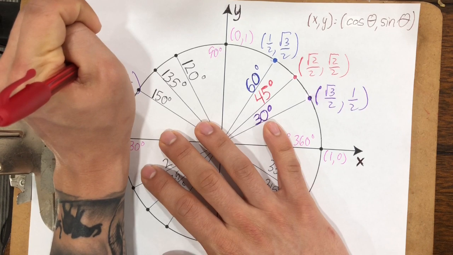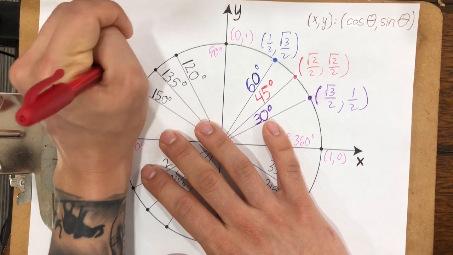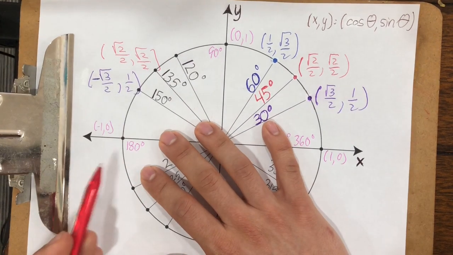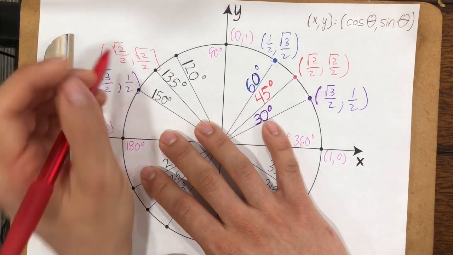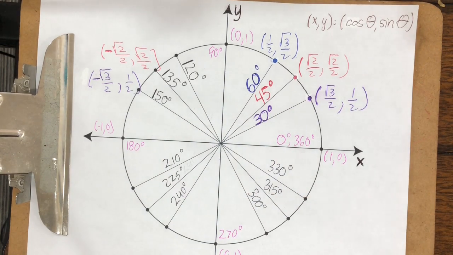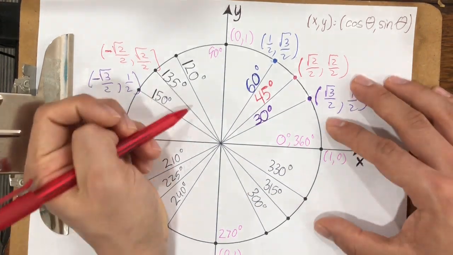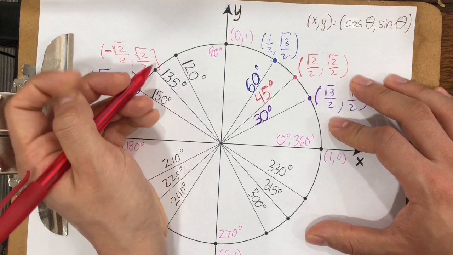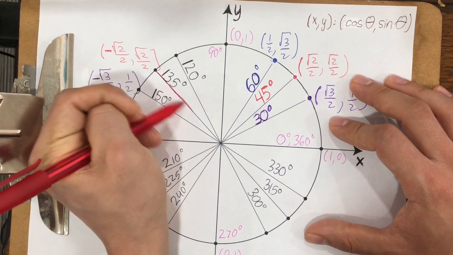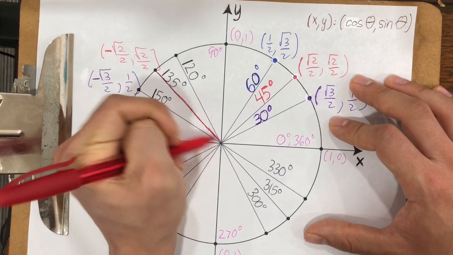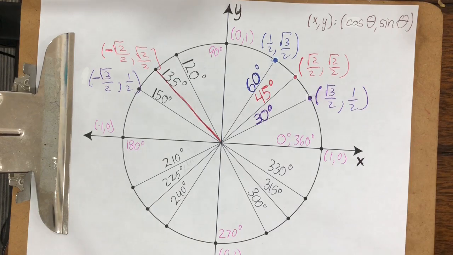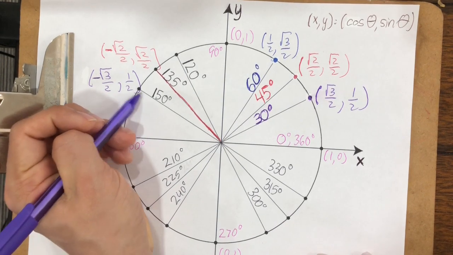So I have root 2 over 2, comma root 2 over 2. And if you recall, my x value is going to be negative. Better yet, let me shade the terminal side based on the reference angle. So 135 is going to be red, since 45 is labeled with a red pen. And then for 150, I'm going to shade it purple.